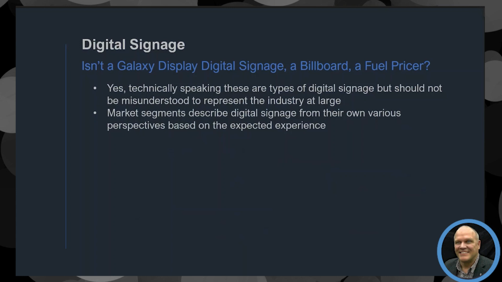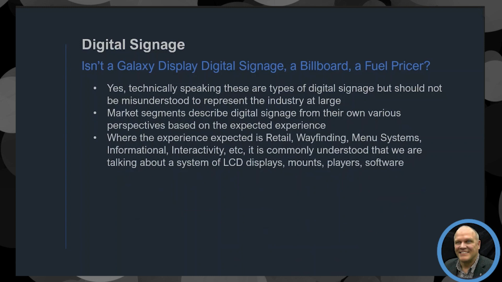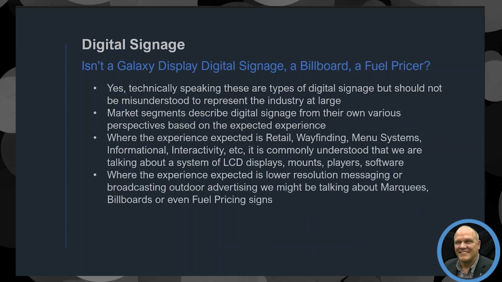And while people will call them digital signage, the experience expected is different. And so the solution employed will be different, and those are typically something we would call LED digital signage, to distinguish from what the wider industry accepts as LCD-based solutions.